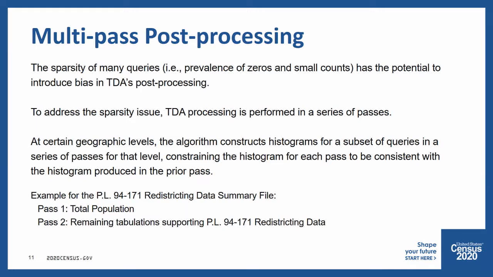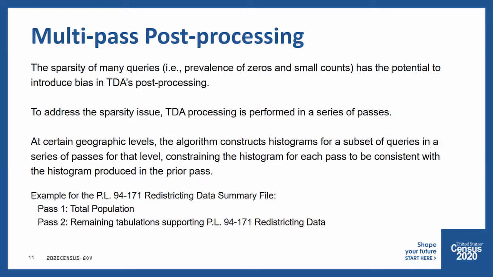To address the sparsity issue, the top-down algorithm's post-processing is performed in a series of passes. At certain geographic levels, the algorithm constructs histograms for just a subset of the queries in a series of passes for that level. Then it constrains the histogram for each pass at that geographic level to be consistent with the histogram that was produced in the prior pass.